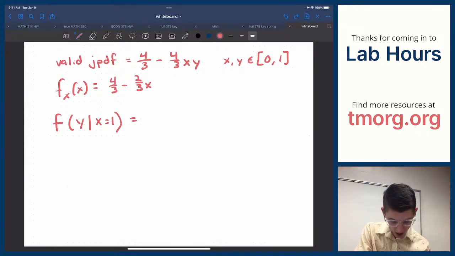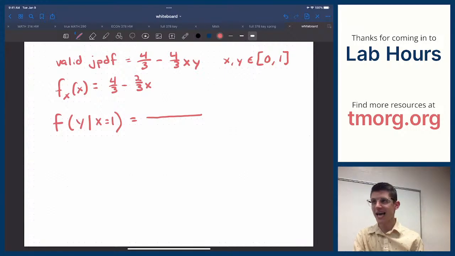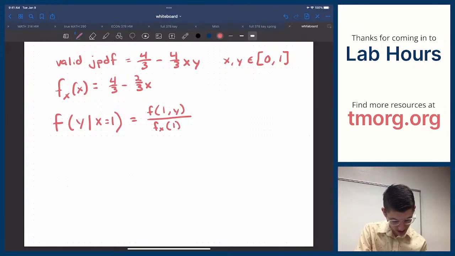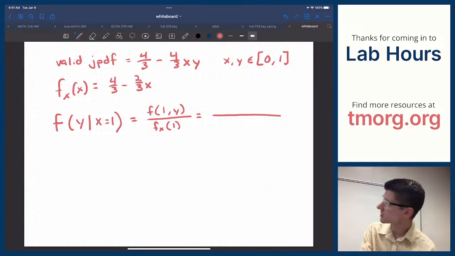Let's show you why. On the top of the fraction, I have f of x and y. But in this case, it's not f of x and y anymore. It's f of 1 and y, over, normally, f_X of x. But in this case, I've fixed x at 1. So let's plug that in. On the top, I have 4/3 minus 4/3 xy, but I'm plugging in 1 for x.